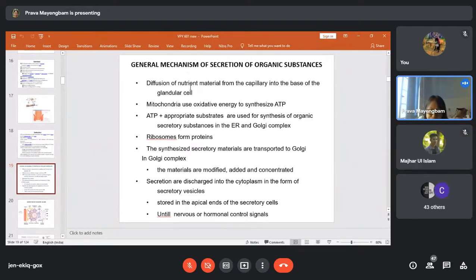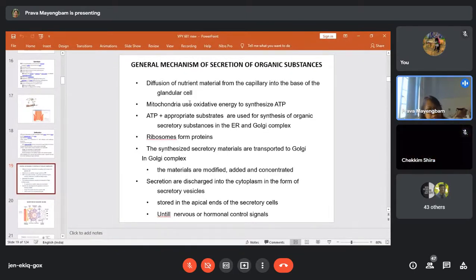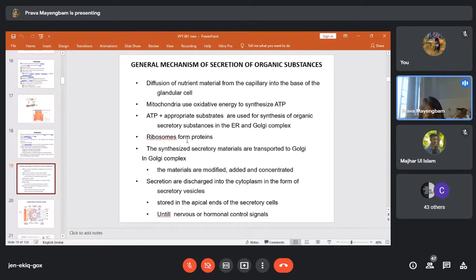Then that nutrient will be utilized by different organelles in the secretory cell, and they will make certain other products.